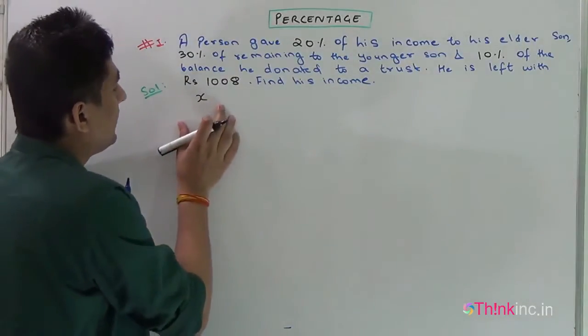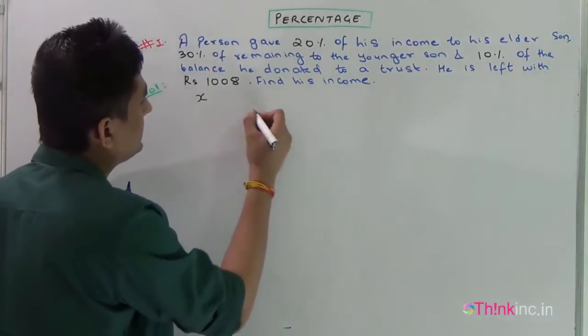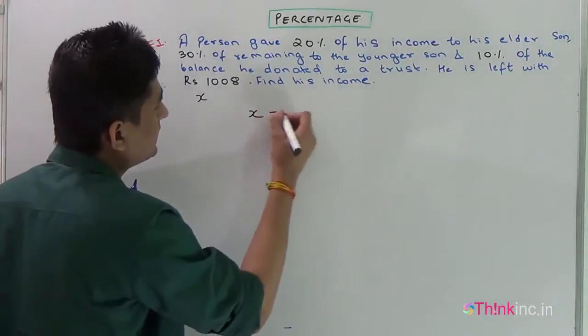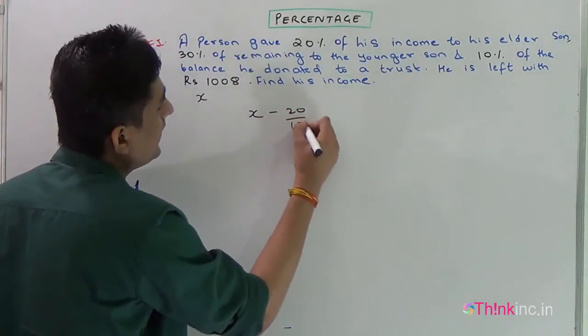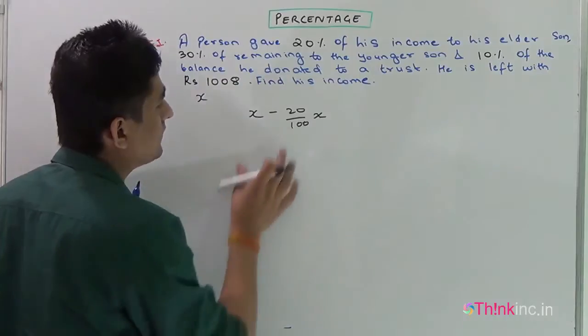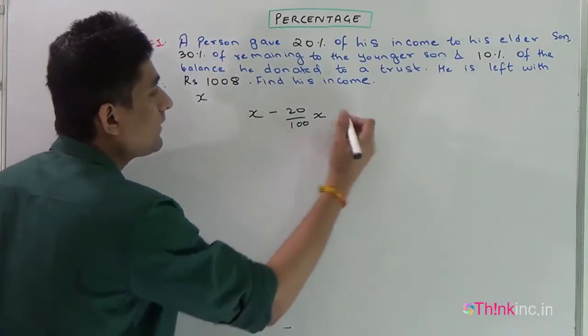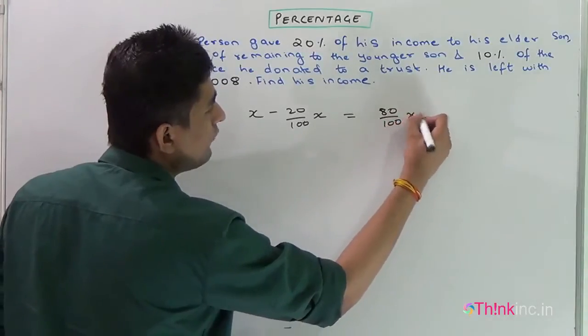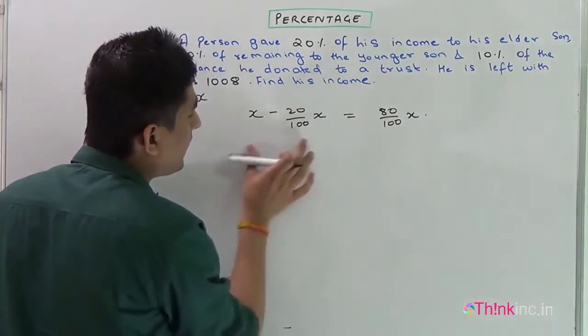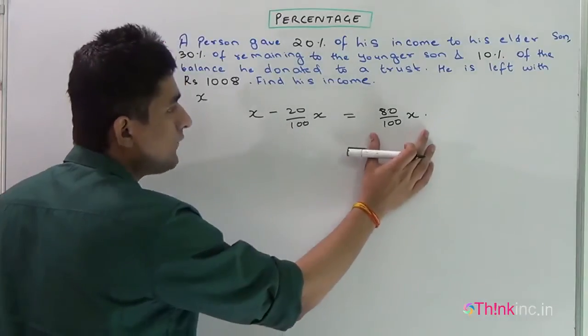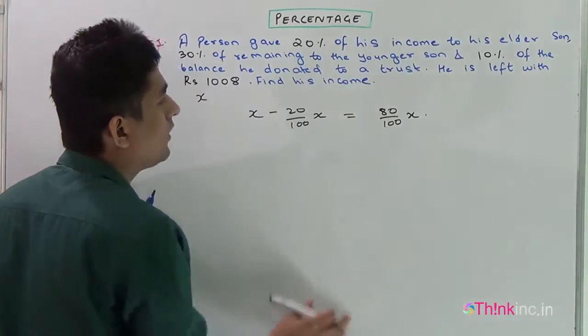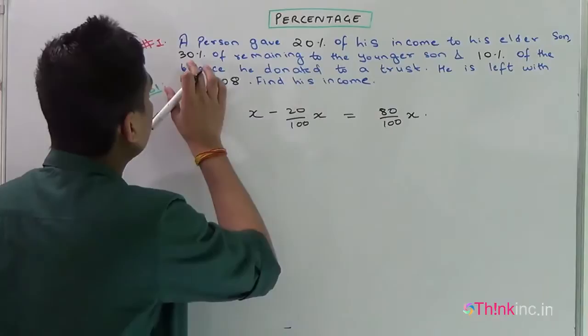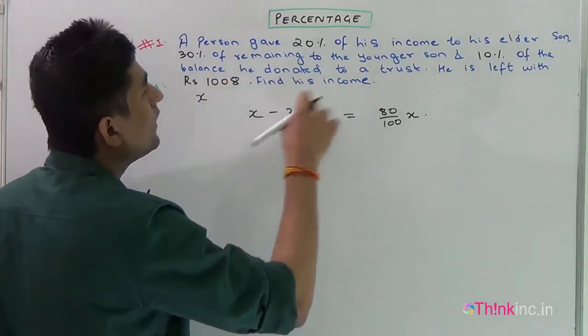He gave 20% of his income to his elder son. That means he is left with 80 by 100 of X. After giving 20% of his income, he is left with 80 by 100 of X. Now he gave 30% of the remaining to the younger son.